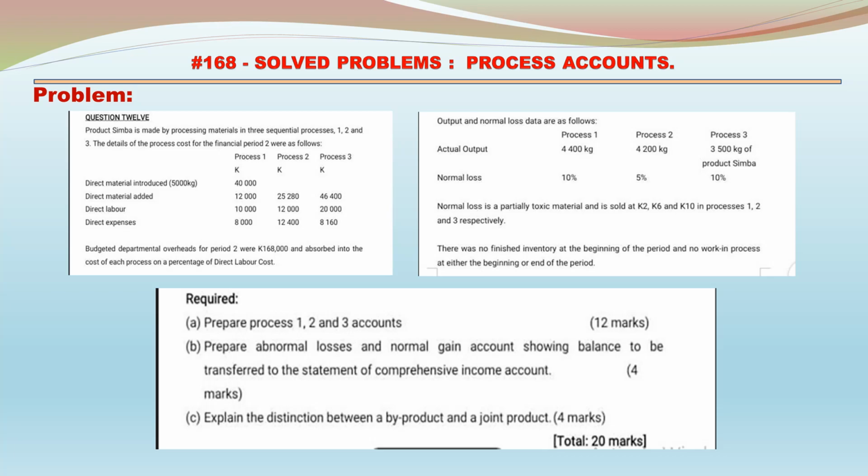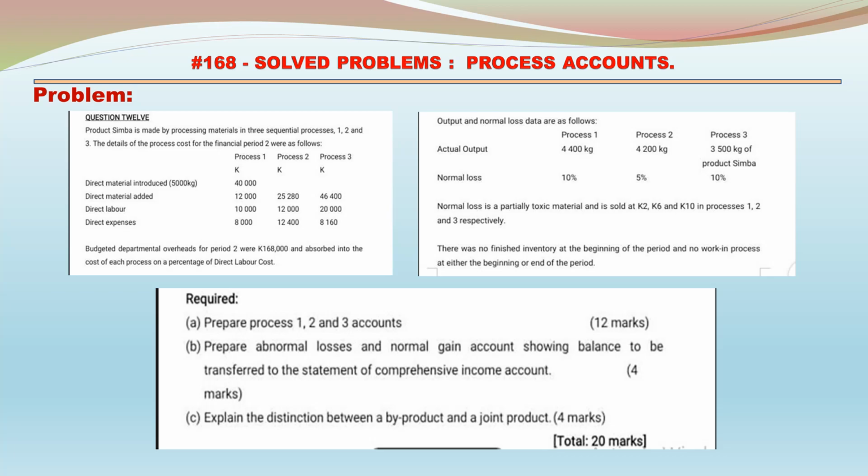Normal loss, Process 1 10%, Process 2 5%, Process 3 10%. Normal loss is partially toxic material and is sold at K2, K6 and K10 in processes 1, 2 and 3 respectively. There was no finished inventory at the beginning of the period and no work in process at either the beginning or end of the period.